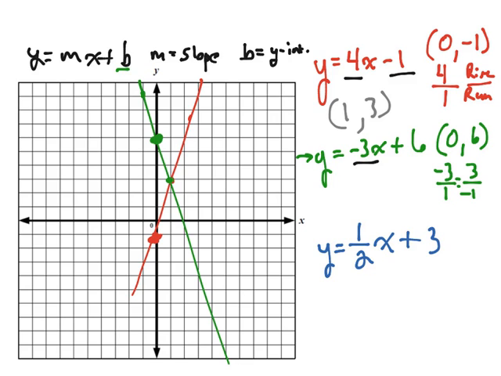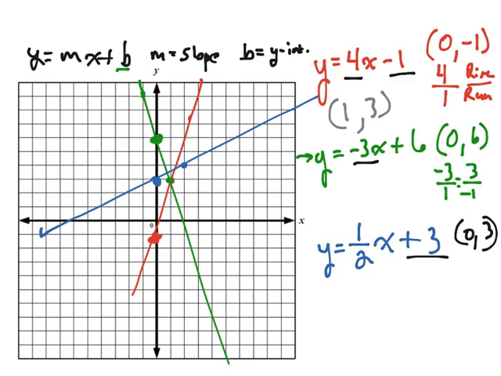I'm going to start at b again, so I'm going to go to the coordinate of 0, 3, which is 1, 2, 3, right here. Then I go up 1 and 2 to the right. There's my second point, and I can graph that.